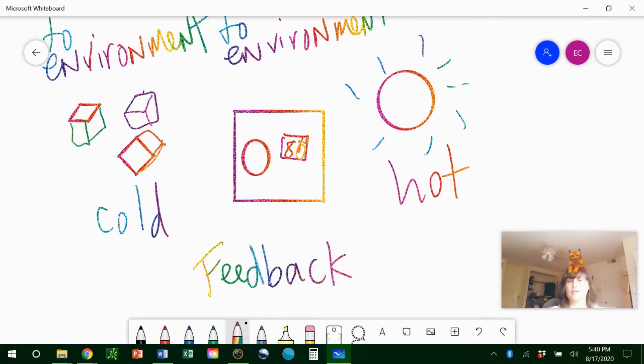That's it for this week. So in this instance, we have a thermostat. When it's too hot, the thermostat takes an input of it being hot, and that would actually become something called feedback.